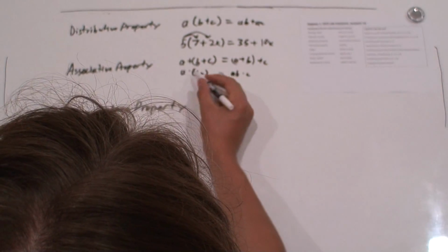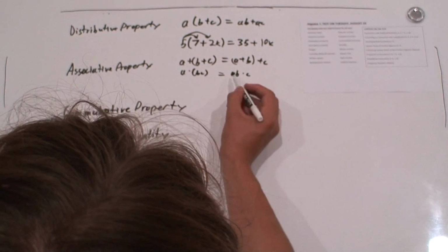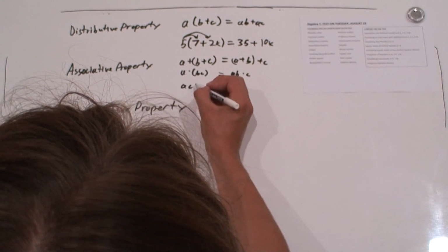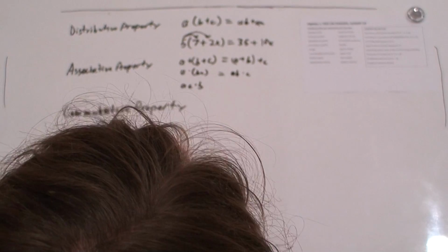So we wouldn't even have to do ABC. We could do AC times B.